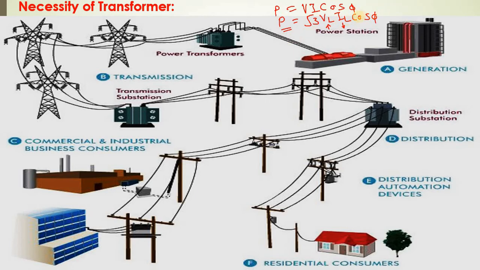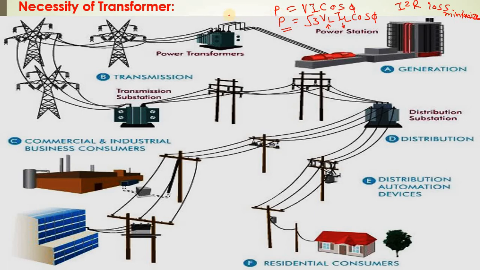What are the advantages of a decrease in the current magnitude? As the current magnitude decreases, the I square R loss will be minimized, so losses are minimized.